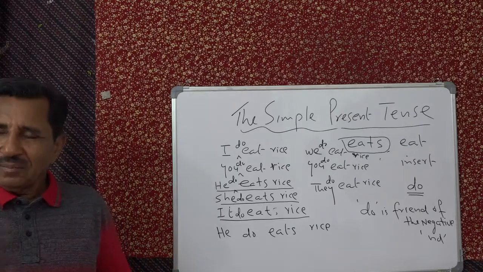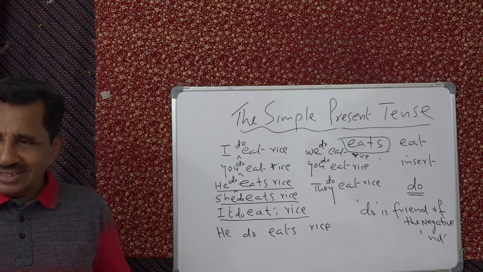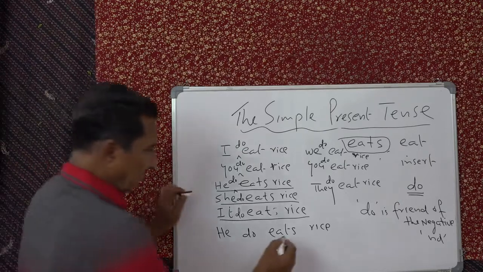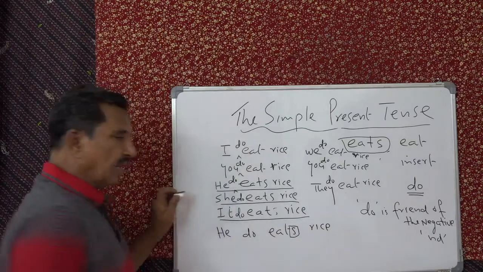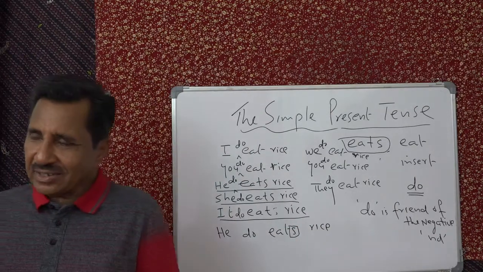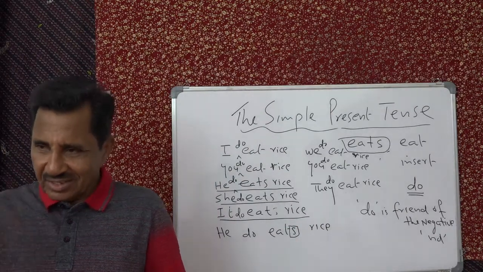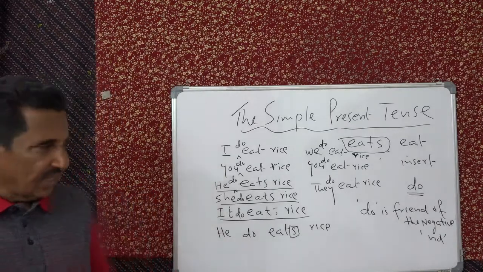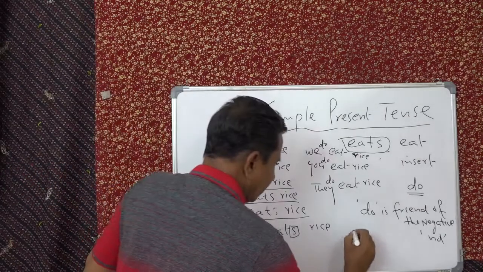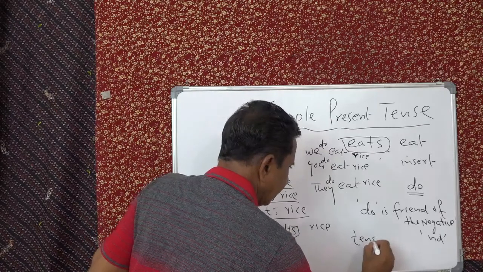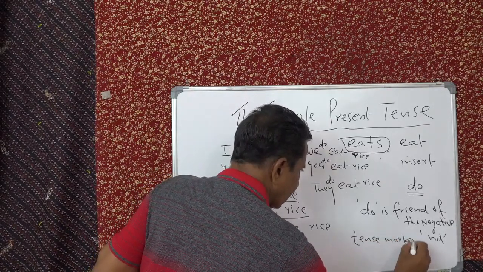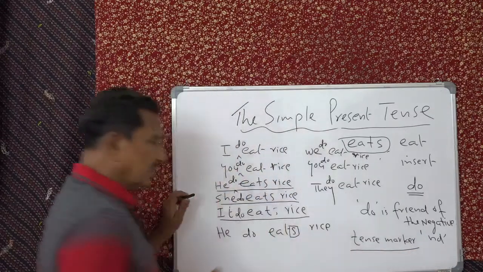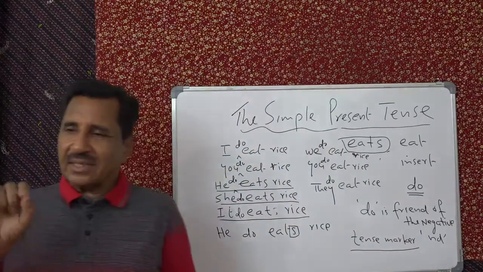Now in this case, this S has a name in grammar. You know what it is? We are going to hear it again and again. That is tense marker. It's called a tense marker. This S is the simple present tense marker.